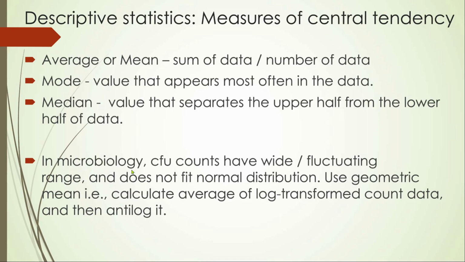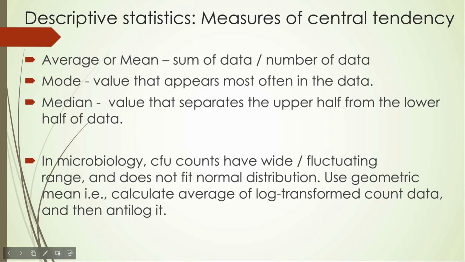However, in microbiology, colony forming unit counts, CFU counts, have a wide and fluctuating range and do not fit normal distribution. Therefore, it is better to use the geometric mean, where we calculate the average of log transformed count data and then anti-log it.